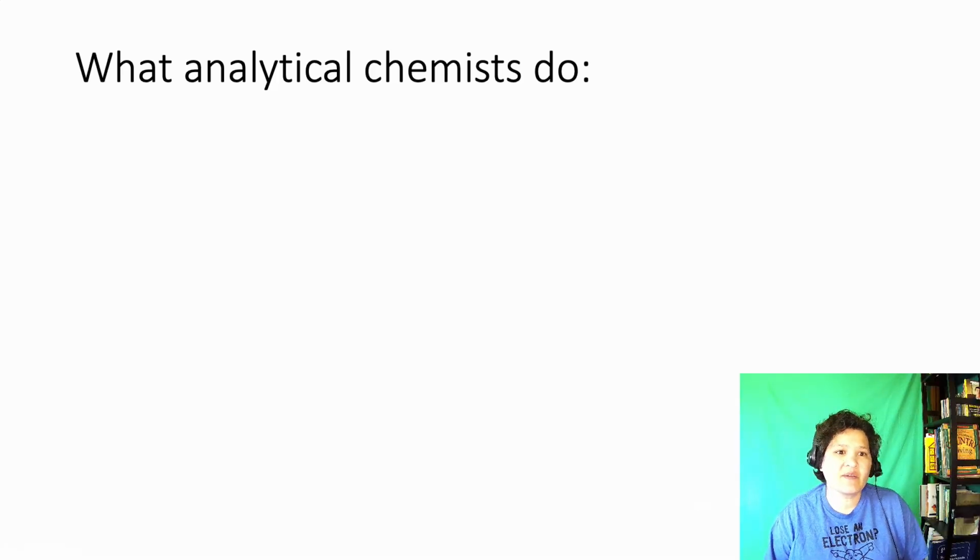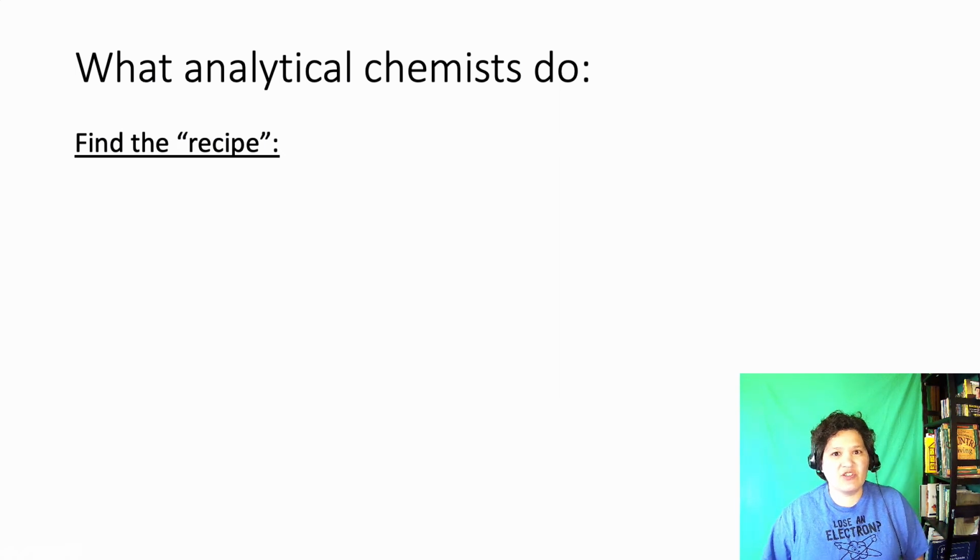So when I talk about what an analytical chemist does, I usually do this in one of two ways. The first way is the way I usually explain things to non-scientific friends, where I talk about how if there's a recipe that you really want, let's say it's from a restaurant you go to, but it's really expensive to eat your favorite dish there, you wish you could duplicate it at home, and so you're trying to figure out what the recipe is.